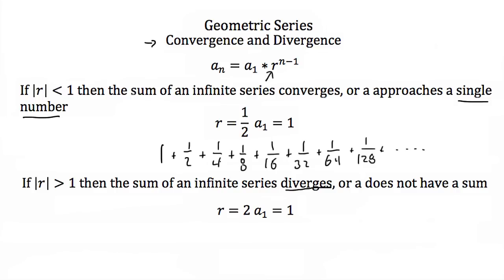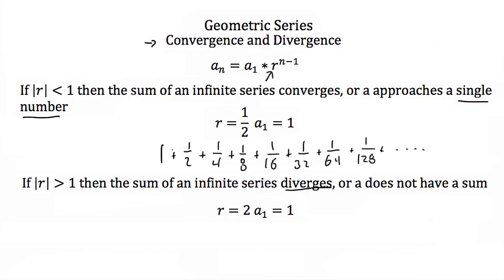Add a 16th and I'll be at 1 15/16. Add a 32nd and I'll be at 1 31/32. Add a 64th and I'll be at 1 63/64. If I add 1/128, I'll be at 1 127/128.